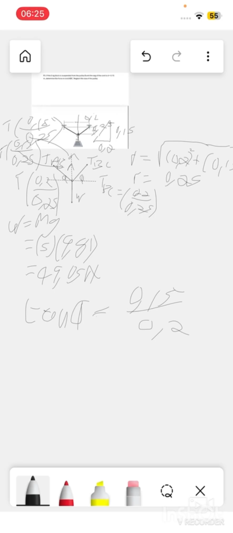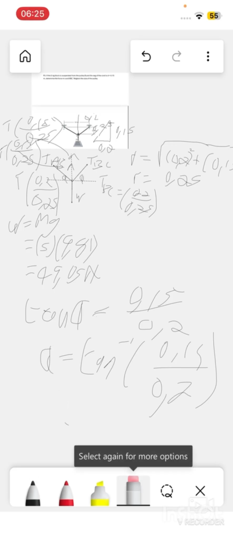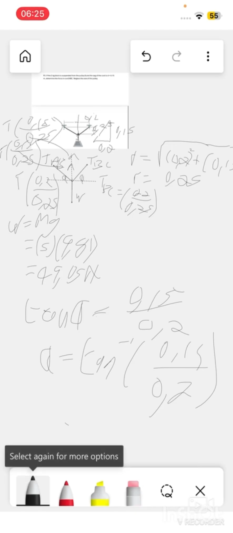Therefore, theta is tan inverse of 0.15 over 0.2. Let's punch the calculator. Therefore, we get theta as 36.87 degrees.